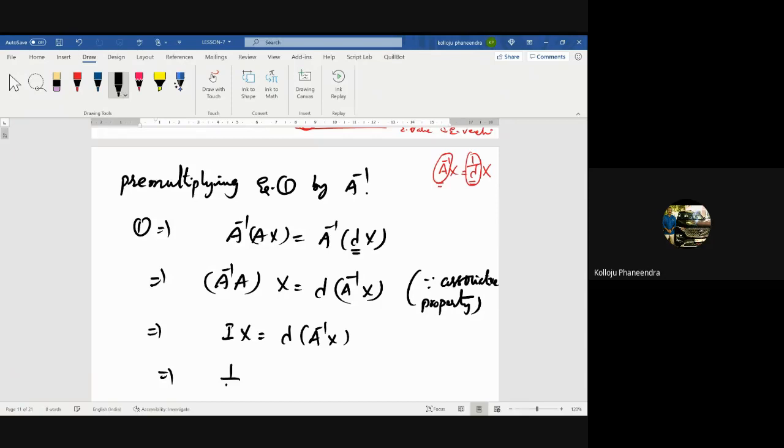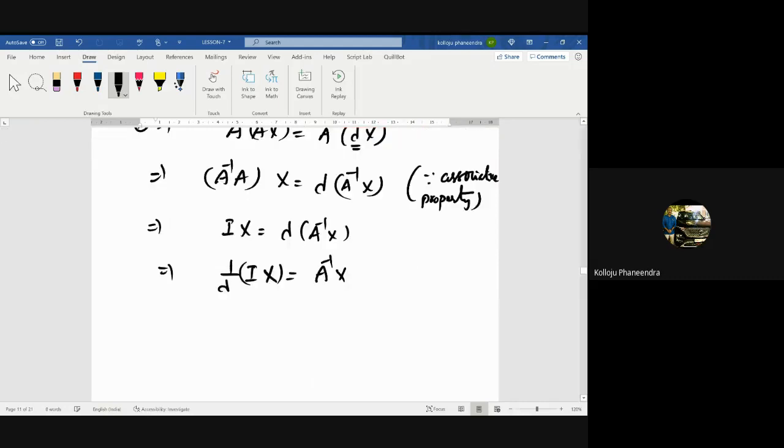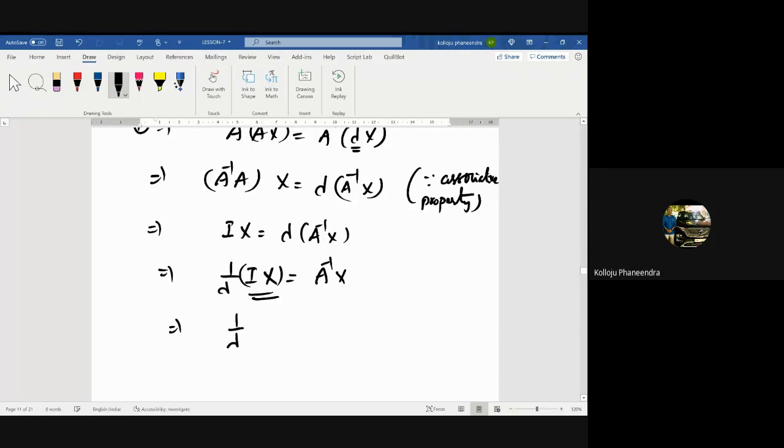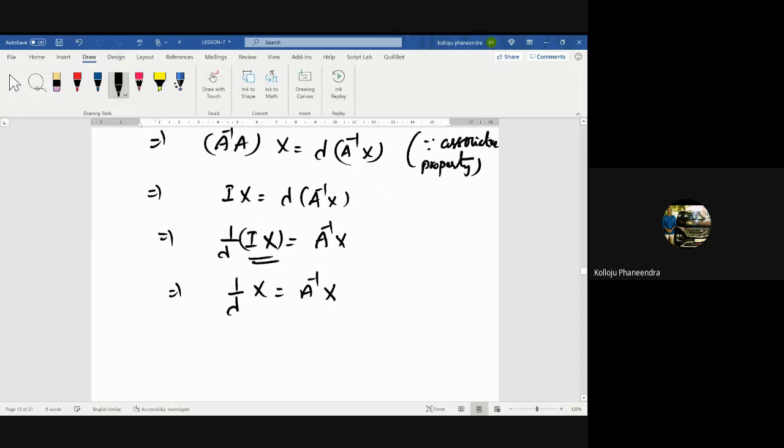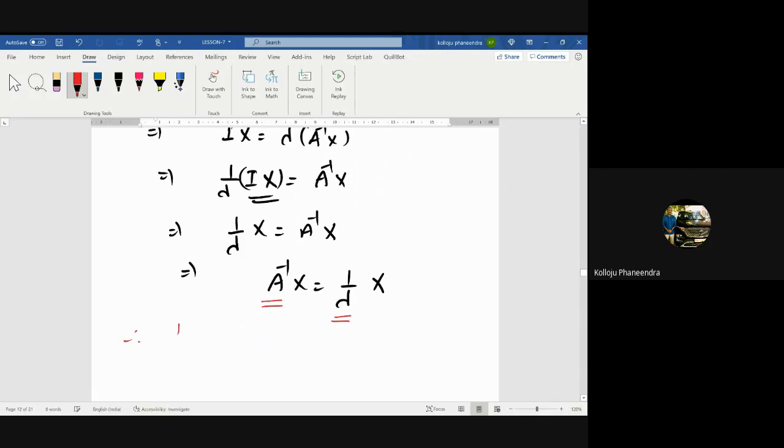Therefore, take this lambda to this side: 1 by lambda I x equal to A inverse x. I into x is nothing but x, so x equal to lambda A inverse x, that is, A inverse x equal to 1 by lambda x. Therefore, A inverse has eigenvalue 1 by lambda. Clearly, 1 by lambda is an eigenvalue of A inverse.